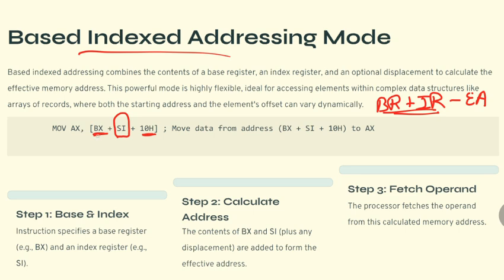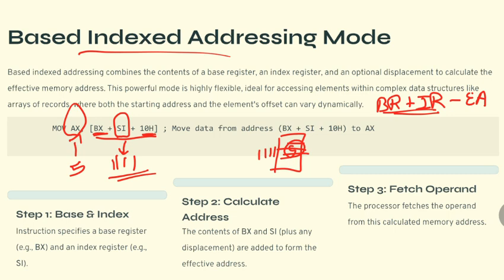First it will sum up all of this, and whatever answer you get, let us say for example 1111, the data available in memory at this particular location 1111, suppose that is a 5, that data is transferred to your register. So this is about based index addressing mode.